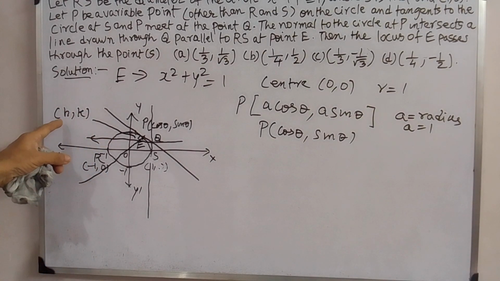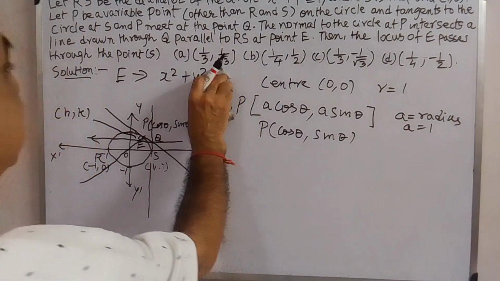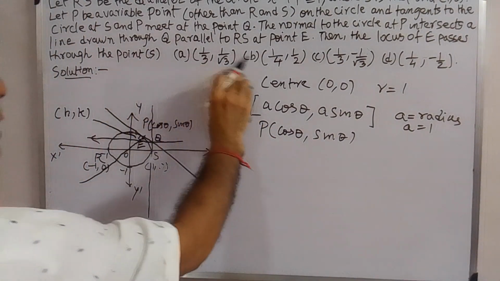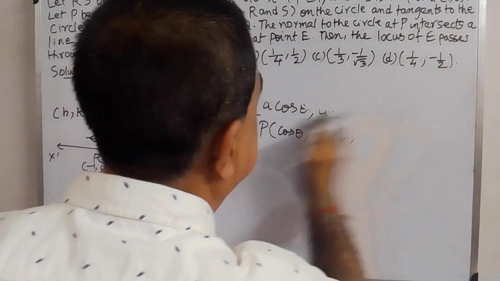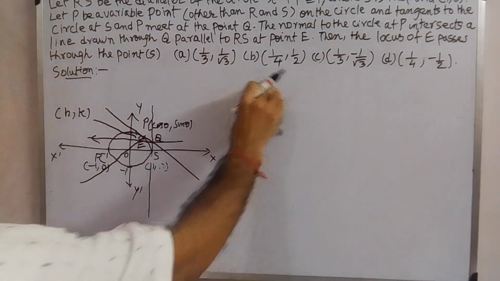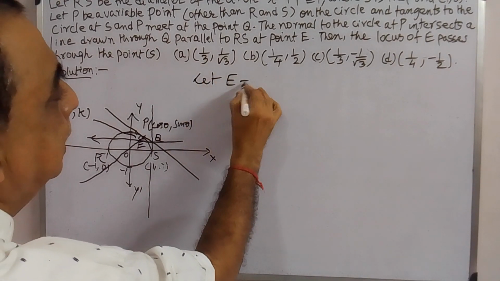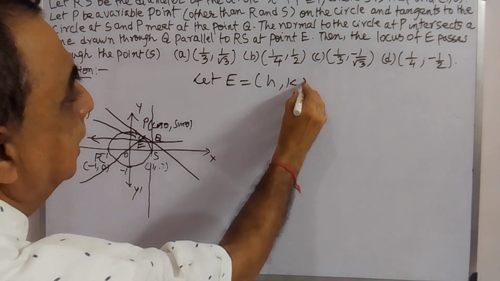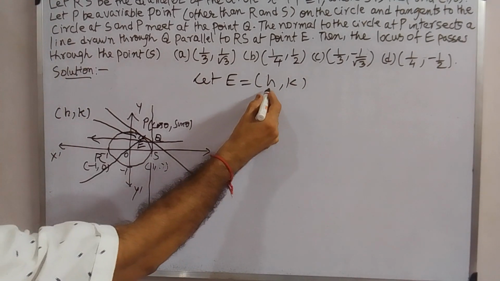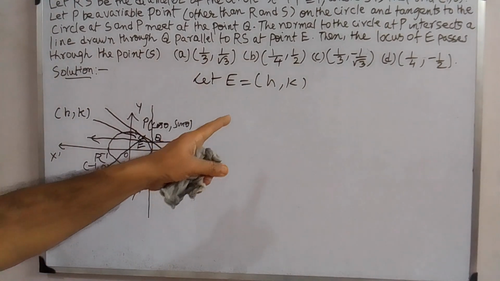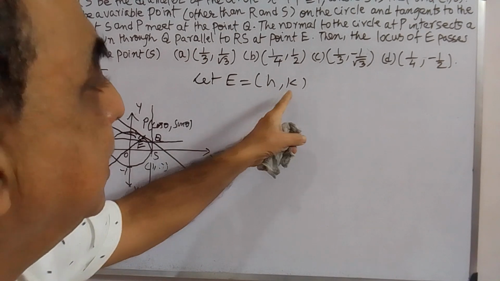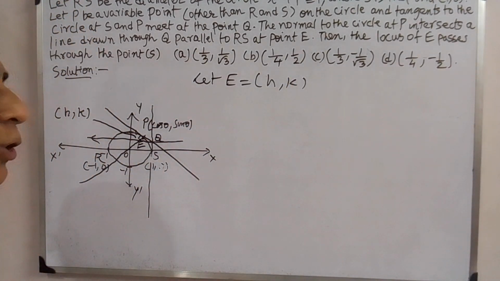Its x coordinate is h and the y coordinate is k. So I have to find a relation between h and k in the form of an equation. That will be the locus of the point E.